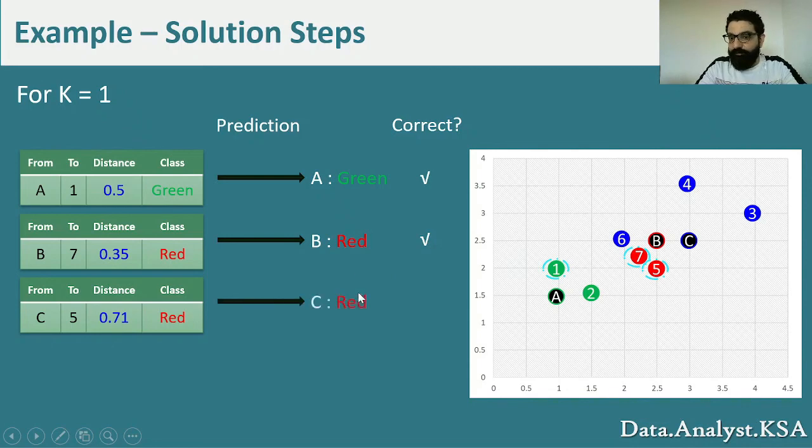So our prediction for point C is that it should be red. But we know, because it's our validation data set for which we know the labels, that it's supposed to be blue. So we will say no, it's not correct. And now we just calculate how many did we get correct and divide by the total number of classifications. And this is our correct classification rate. So we have 2 correct out of 3 classifications. So it's 2 out of 3.